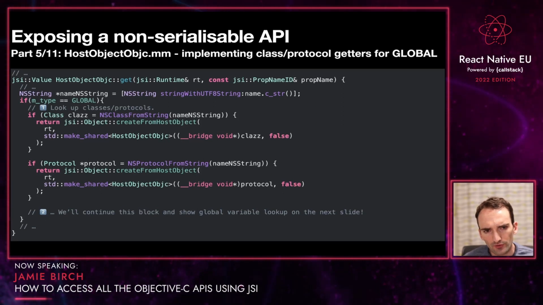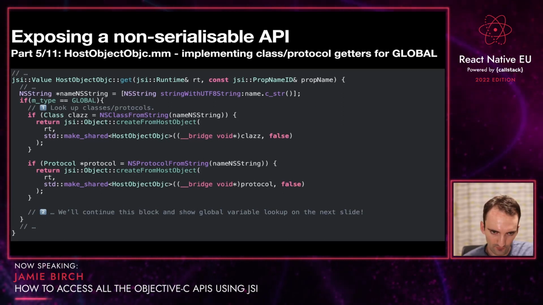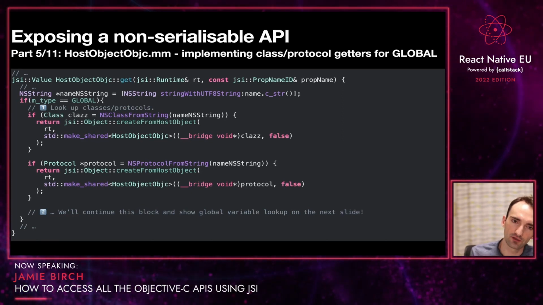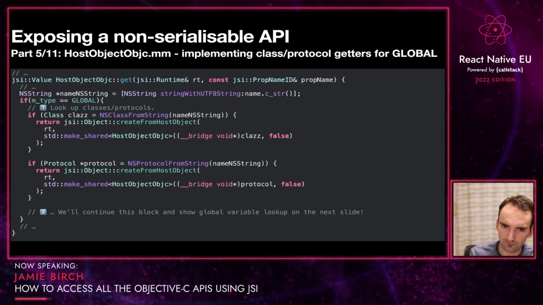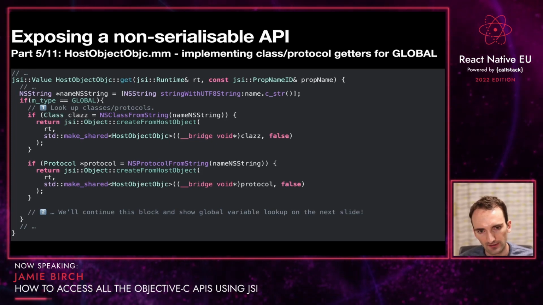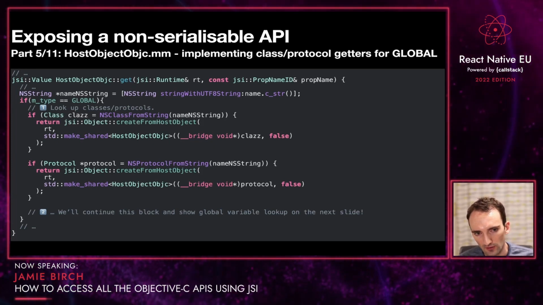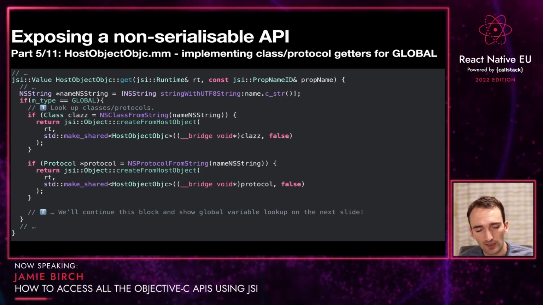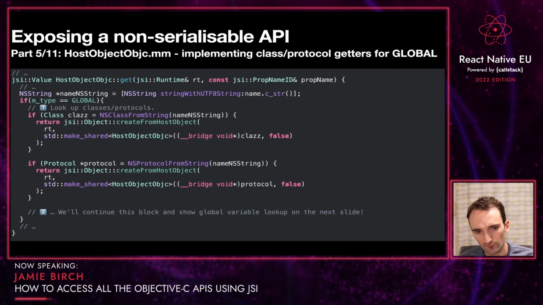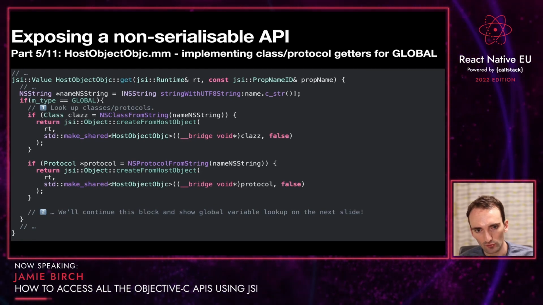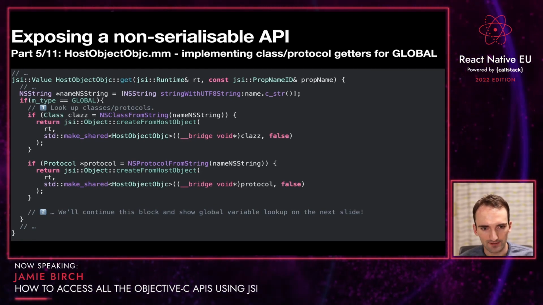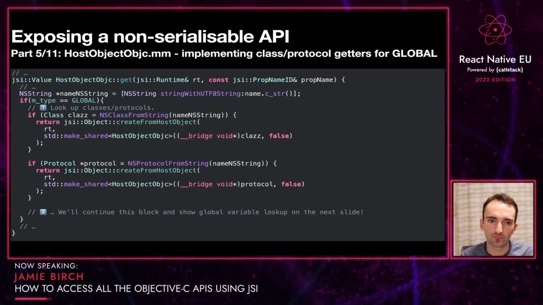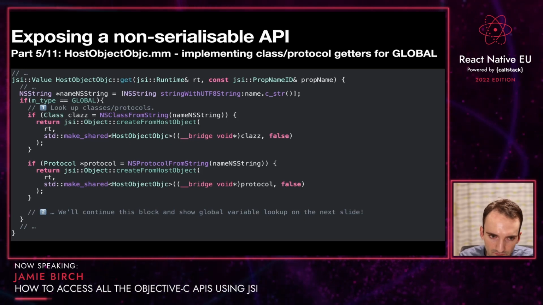So point number 1, if it turns out yes, we're global, first thing we're going to do is use the ObjectiveC runtime helper NS class from string, whereby we pass in a string saying, here's the name of our class, for example, UIView. And if it does return a class, then we know, bingo, our work here is done. We can wrap it up in a host object, ObjectiveC, and return that.